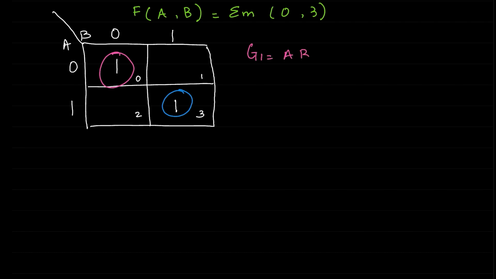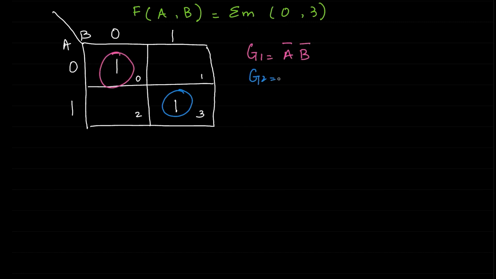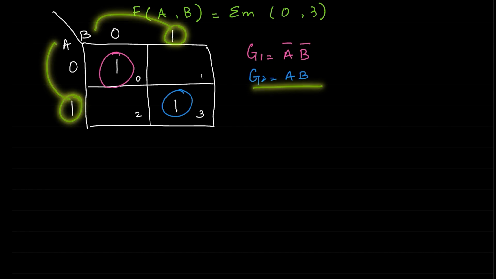In group 1, A and B both are zeros, so we will call them A bar, B bar. If any number in the K-map is 0, it is indicated by a bar on the letter. Group 2, A and B both are without bar, since B is 1 and A is 1 here as well.